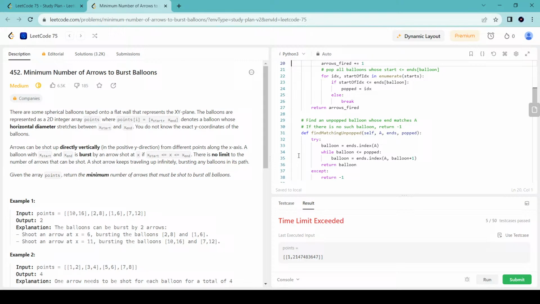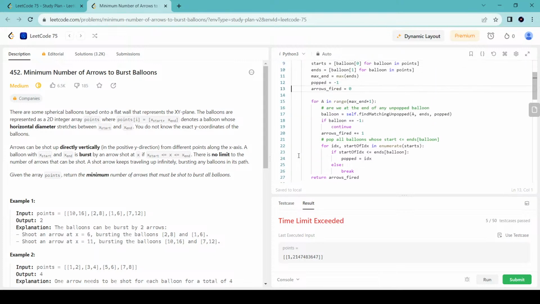Okay? So to do that, instead of saying A in range n max plus 1, what we want to do is find the next smallest integer.